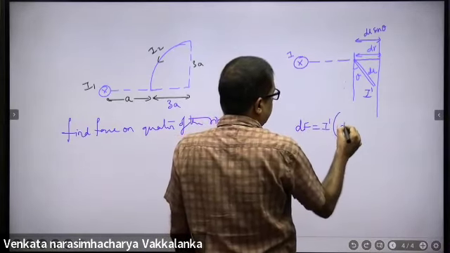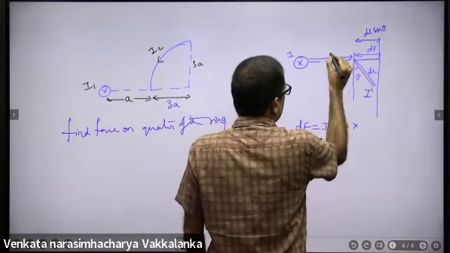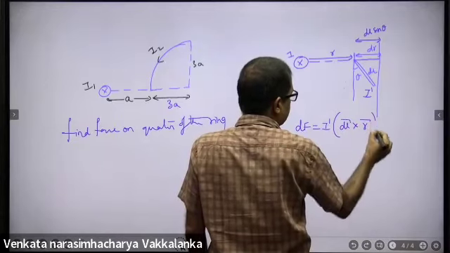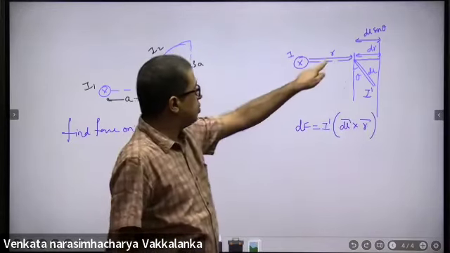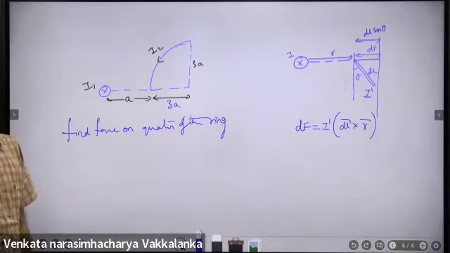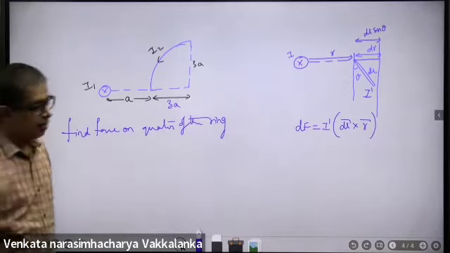I dash into dl cross this distance r. Only then I can take that to be dr. If this distance is r, that will be dr. r and dr should be in the same direction. Don't forget that. Right?